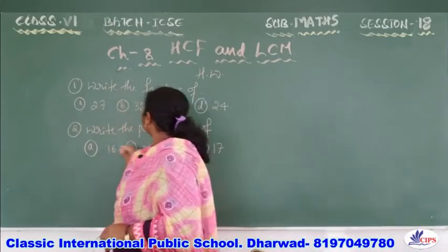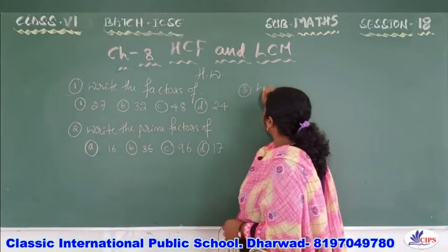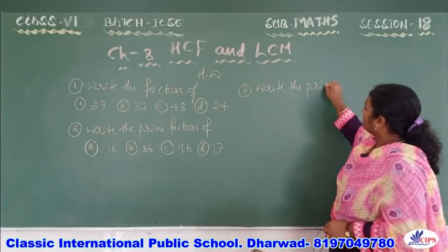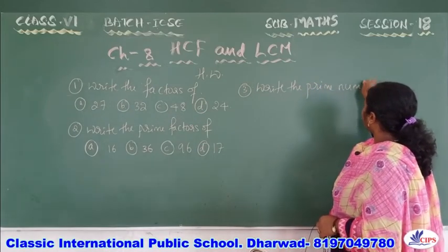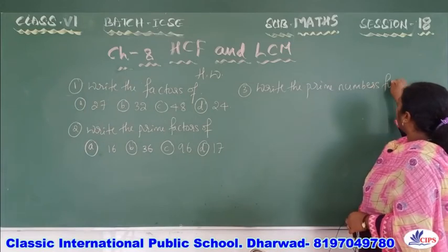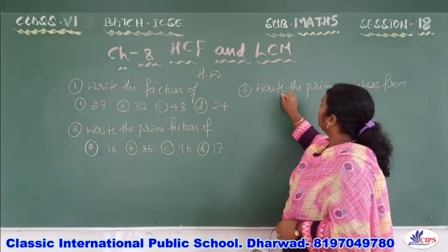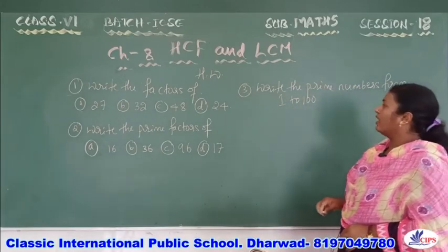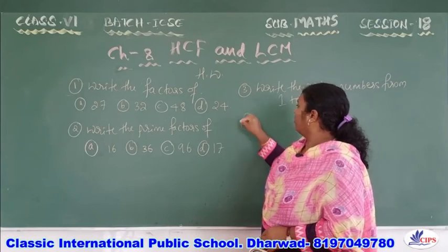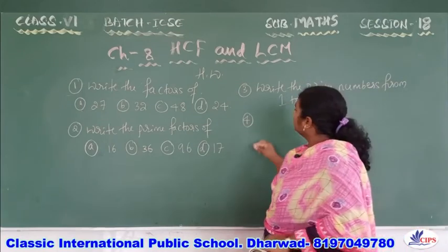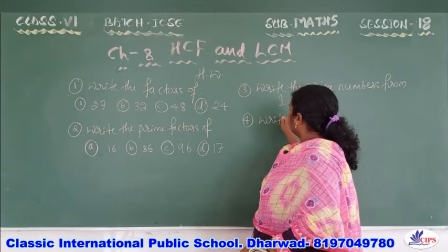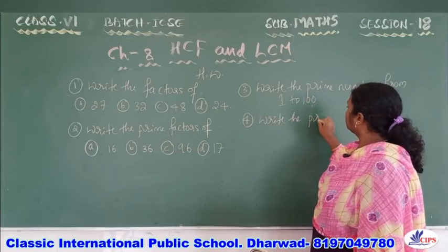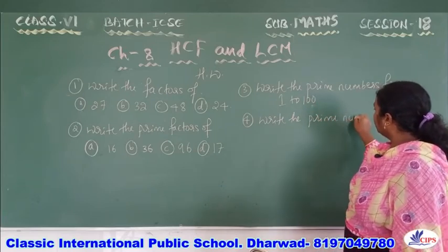Okay. Now the third main I am giving: write the prime numbers from 1 to 100. Write the prime numbers from 1 to 100. Now question number 4 I am giving: write the prime numbers.